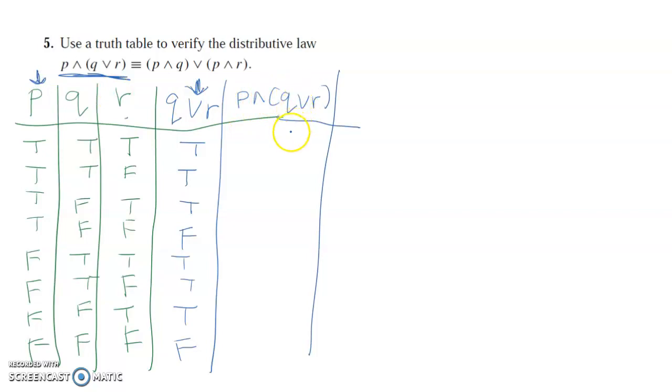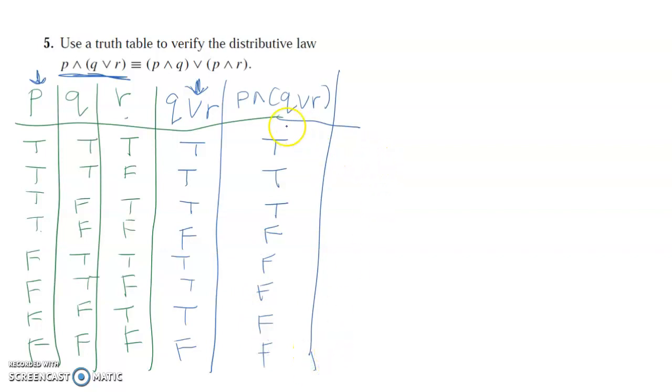With AND, both of the values have to be true in order for this to take a true value. So T and T is T. Also another T and T, so that's T. If one of them takes on the false value, then this is going to be false. Since we have a T here and a false here, this is going to be false, and likewise. I'm just going to fill up the rest of the column.